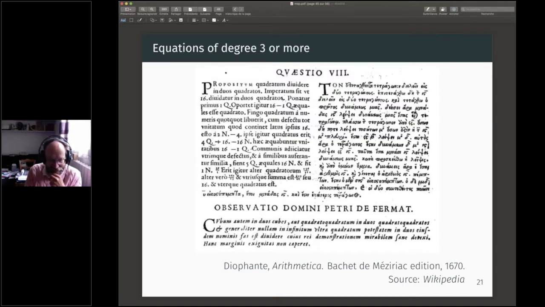And here is another classic text in mathematics: Diophantus. You have the Greek text on the right, the Latin translation on the left, and at the bottom, there is this famous observation by Pierre de Fermat, who was a French lawyer in the 17th century. This Fermat is the same as in the name of the Brahmagupta-Pell-Fermat equation.